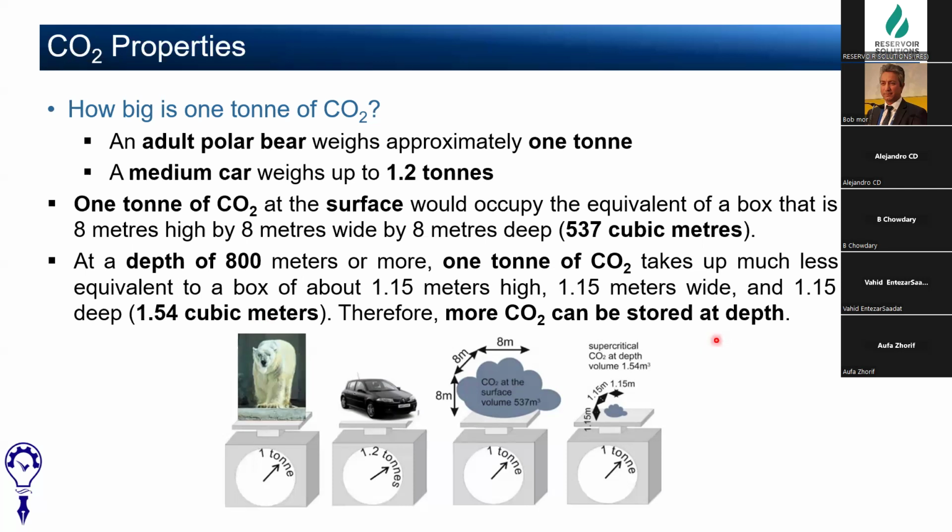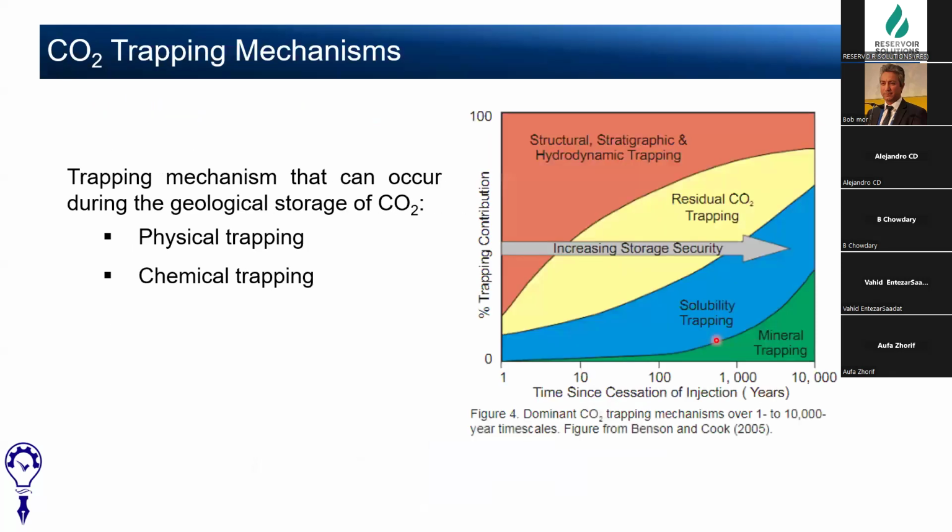So, as I mentioned before, CO2 should be permanently stored by some natural trapping mechanisms. What are those trapping mechanisms? We can categorize them into two main groups. The first one is physical trapping, and the second one is chemical trapping. Then we can classify them into structural trapping, residual trapping, solubility or dissolution trapping, and mineral trapping, or mineralization.